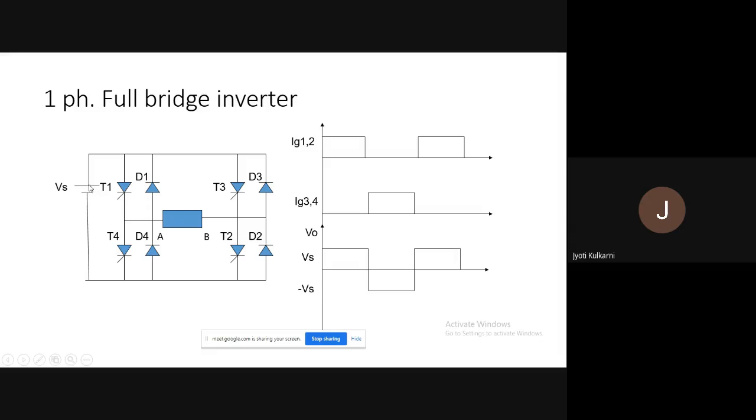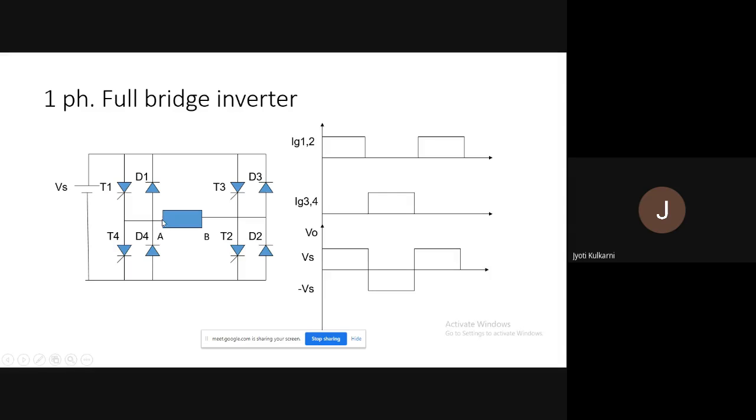How does the current flow now? The current flows from the positive plate of the DC input, that is the battery, to T1. From T1 anode through the arrow, it reaches the cathode of T1. From the cathode of T1, it comes to this junction point, then goes to the A terminal of the load.